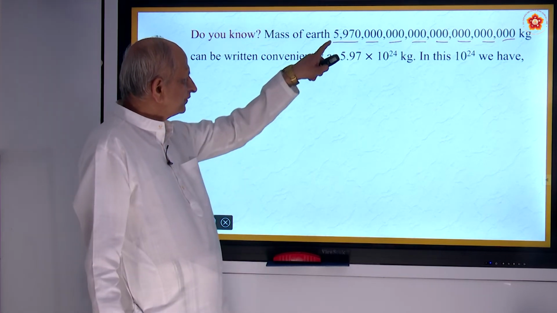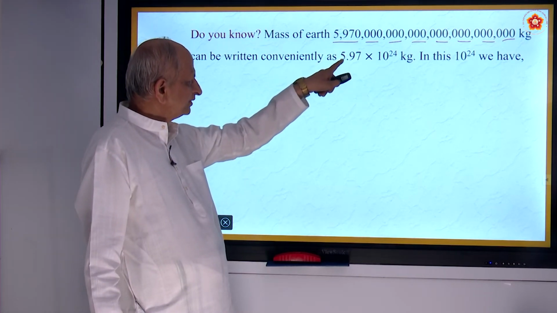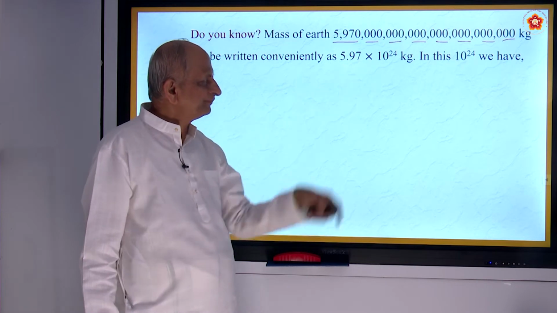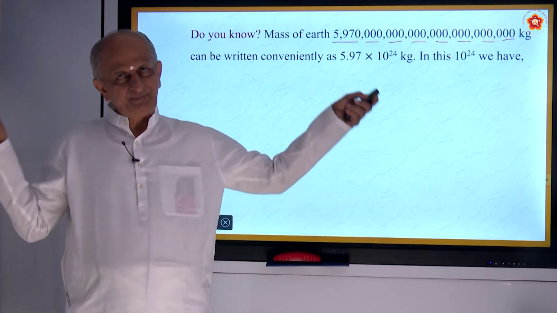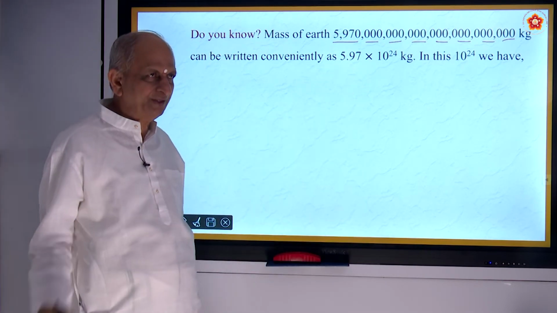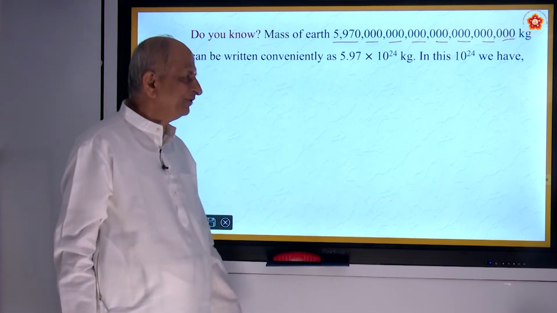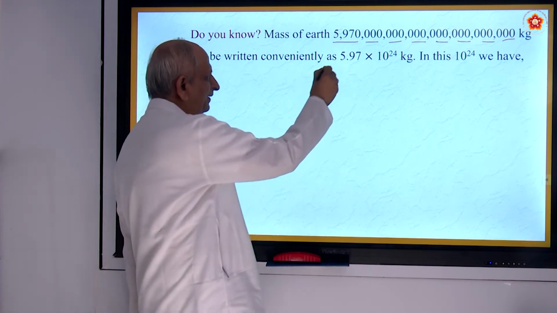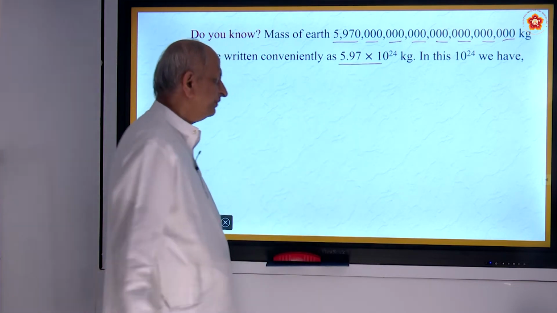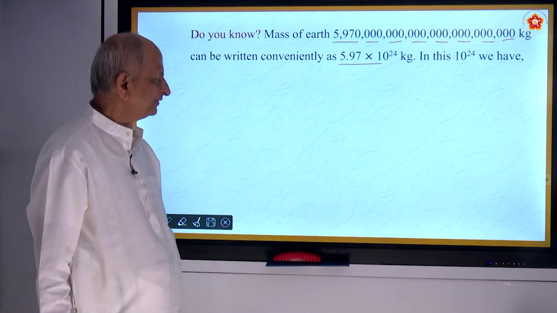So you can write it like this, and this is called standard form. Such a big number is difficult to remember, and you must go on counting zeros, but simply it can be written as 5.97 into 10 to the power of 24 kgs.